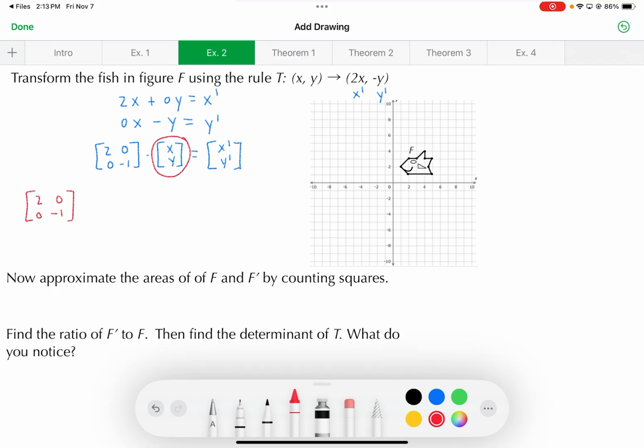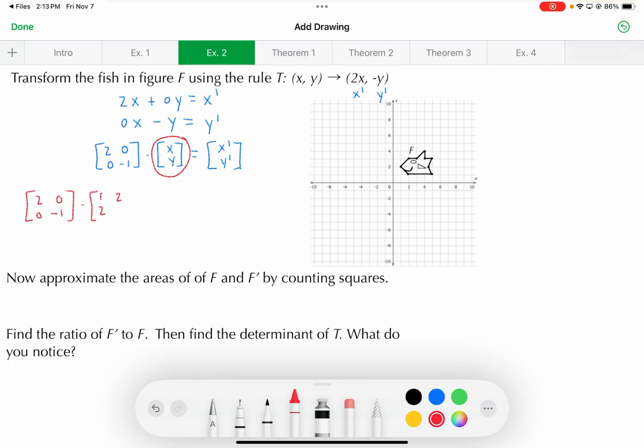And then we're going to need several columns for the points of figure F here. Okay, so I'm going to start at the point 1, 2. And let's go clockwise from there.